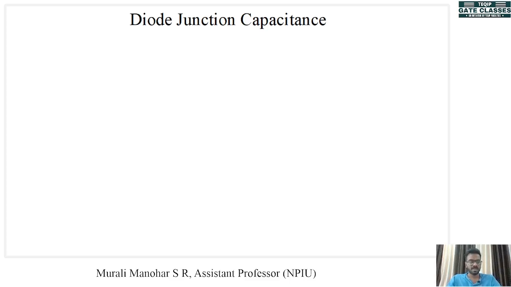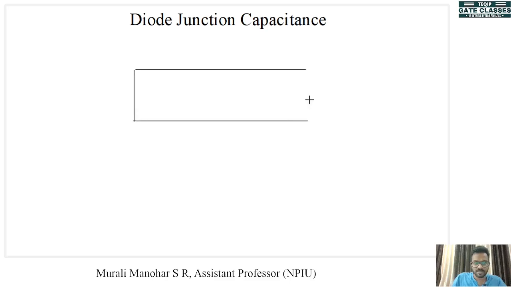So in a diode, where are these plates and where is this charge separation? So we know that if we have a diode like this, there is a junction here between the p type and n type material.